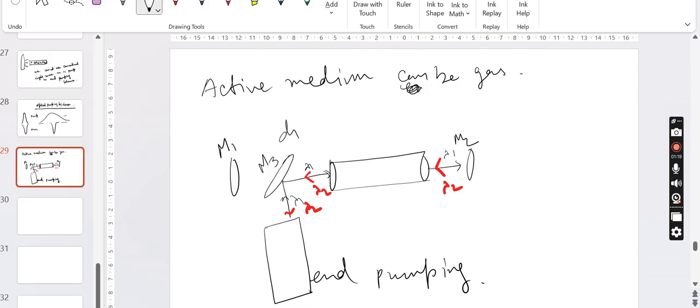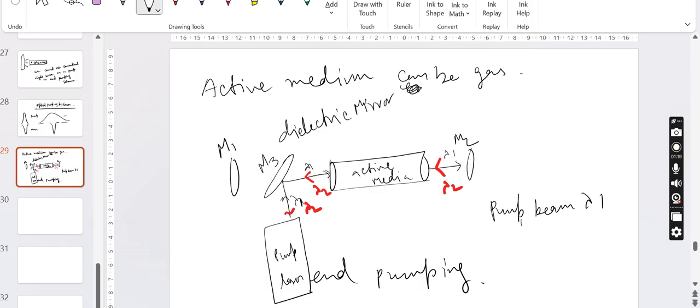Method that if we use a dielectric mirror, it will transmit the amplified spontaneous light at wavelength lambda 1, and the spontaneous light at wavelength lambda 2 also gets reflected back to the cavity.